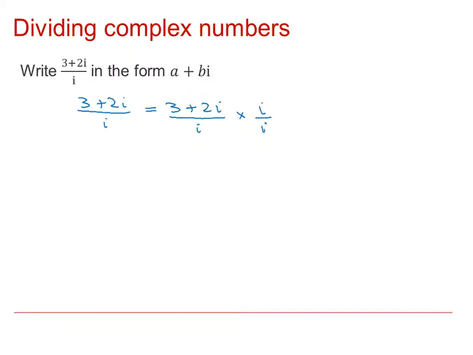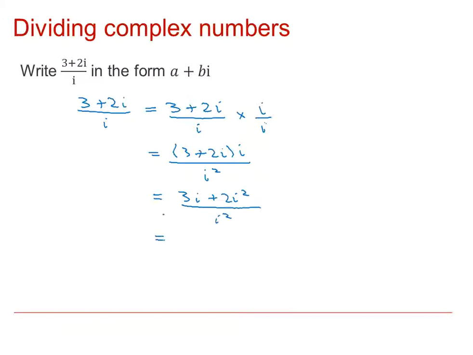The top is 3 plus 2i times i, and the denominator is i squared. Now we can expand the top: 3 times i is 3i, plus 2i squared, all over i squared.